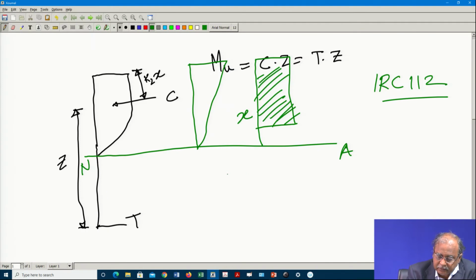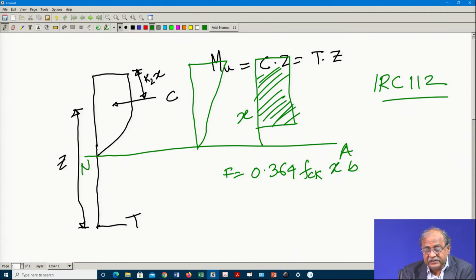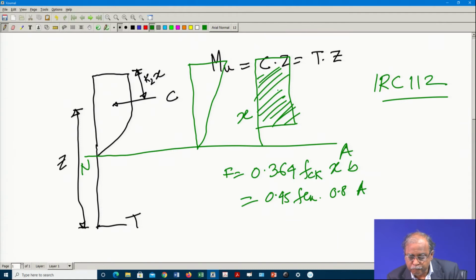So, we get here this value f, so even if we take it as a rectangle, it will be equal to, so we can find out here.